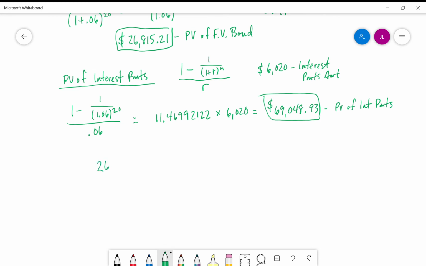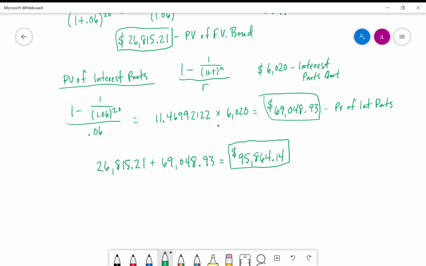We add those together, the 26,815.21 plus the 69,048.93 gives us $95,864.14. This is the present value of the bond for number 3.